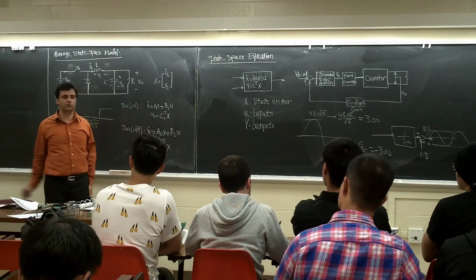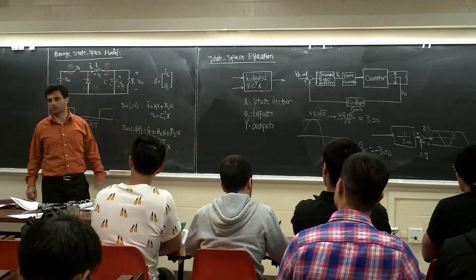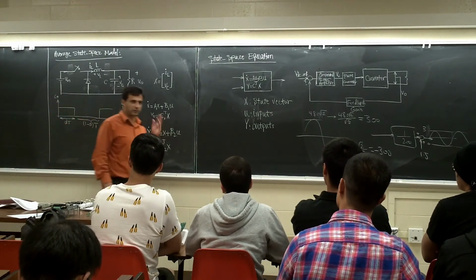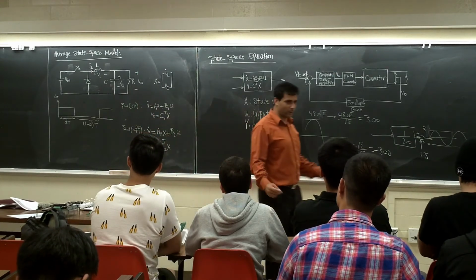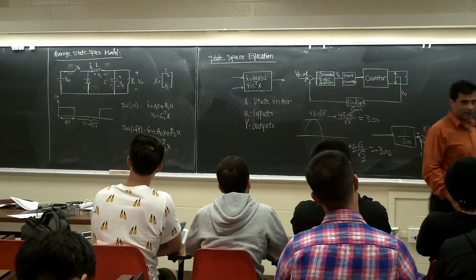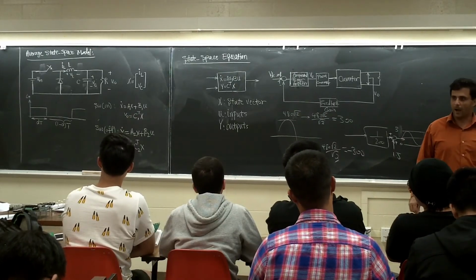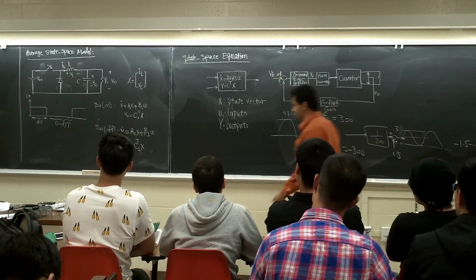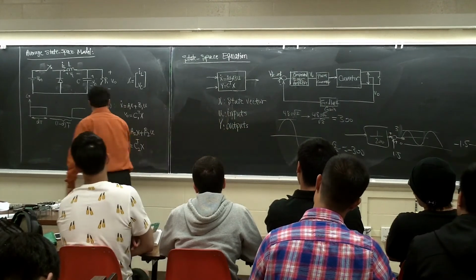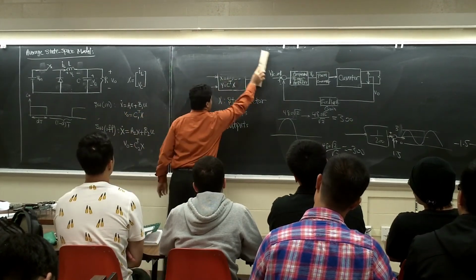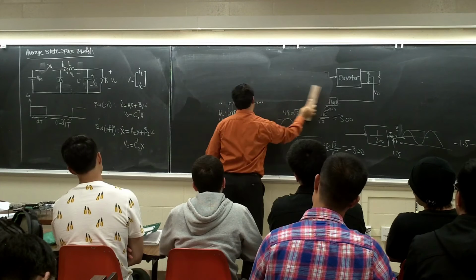Tell me something I can use for any time. I don't know if the switch is on or off; this switch is switching at 50 kilohertz, right? Give me an equation I can use for any time. Can somebody guess?